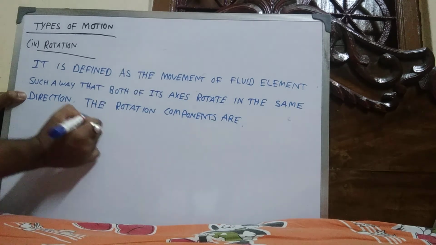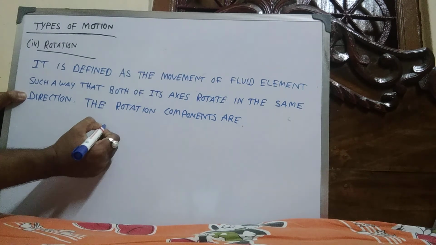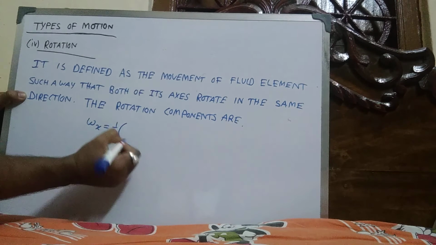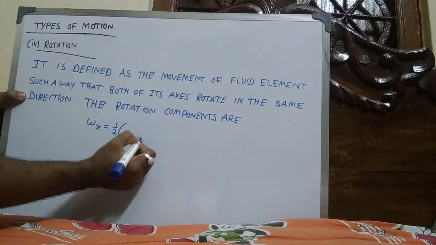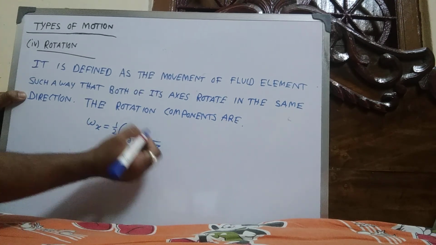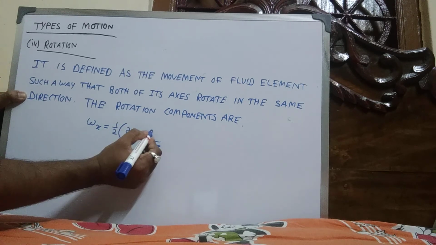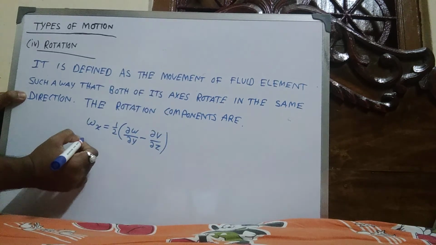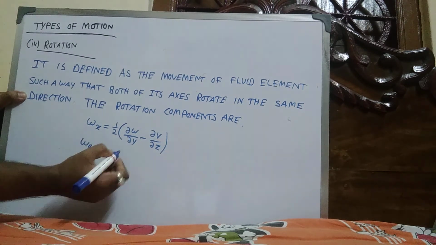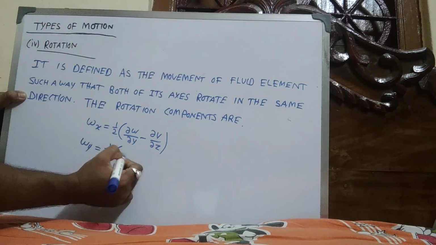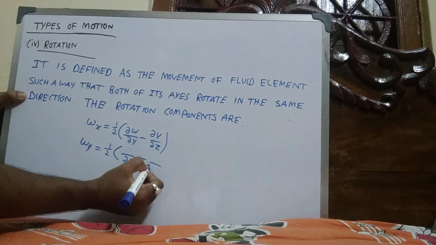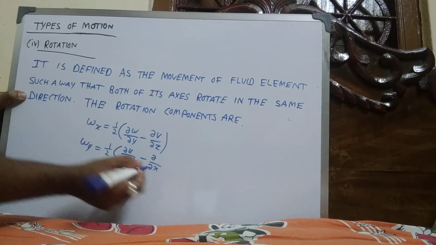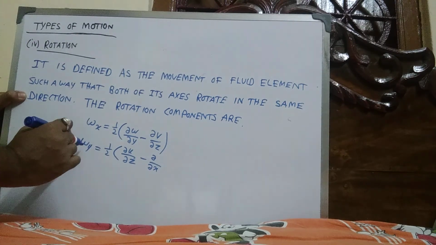This is very important. Suppose rotation about the x-axis is half into (dw/dy minus dv/dz). This is the rotation about y: half into (du/dz minus dw/dx).